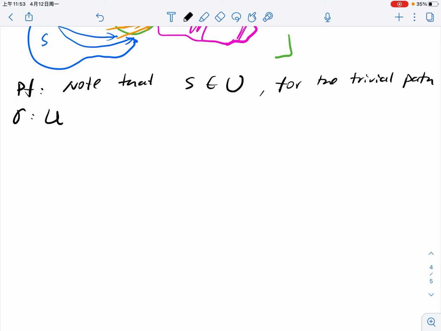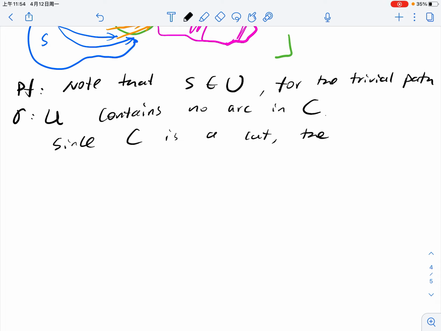U contains no arc in C. Okay, also since C is a cut, the target T is not in U. Otherwise, from S to T, there's a path without any edges in C. So it's a contradiction.